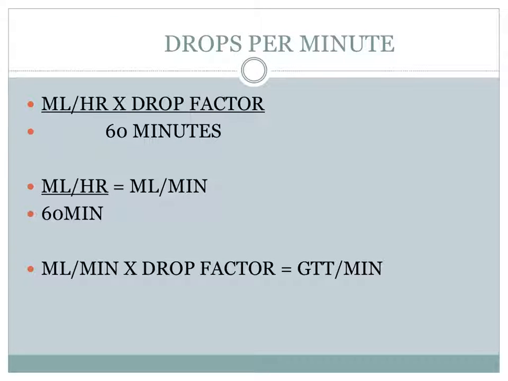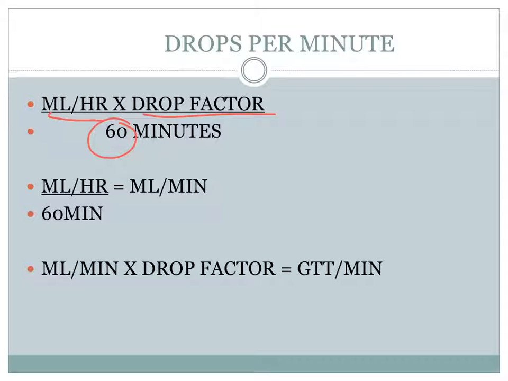This is the formula to calculate the drip rate per minute. After determining the milliliters per hour, we multiply by the drop factor and then divide by 60 minutes. Understand that the drop factor is specified on the IV tubing package that is used for the infusion.